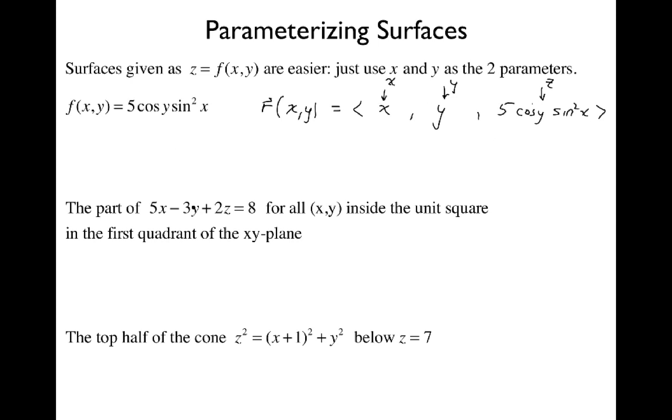Okay. Similarly, if we're going to write the part of this plane inside the unit square in the first quadrant of the xy plane. Okay, so again, planes can be rewritten as z as a function of x and y. So we could do 2z, z would be 4 minus 5 halves x plus 3 halves y.